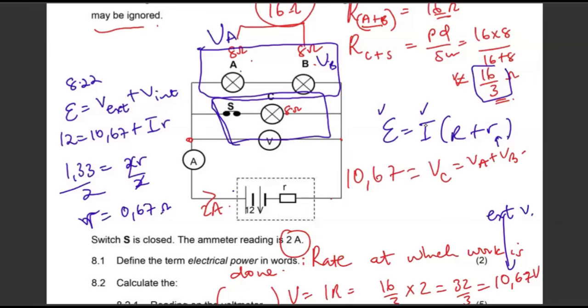Now, since these two are identical, they will split the voltage into two equal parts.